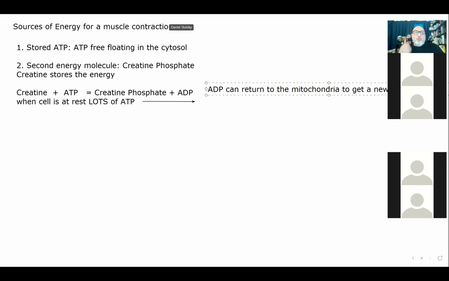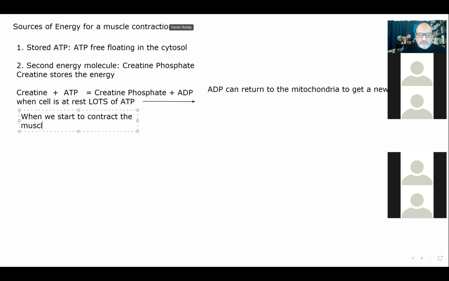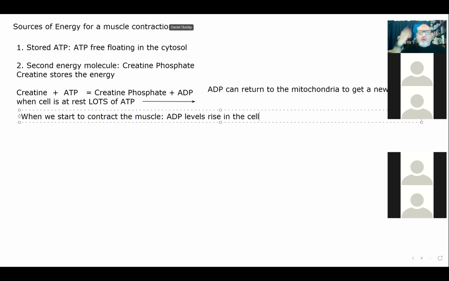However, when we start to exercise, when we start to contract the muscle, the amount of ADP rises in the cell.